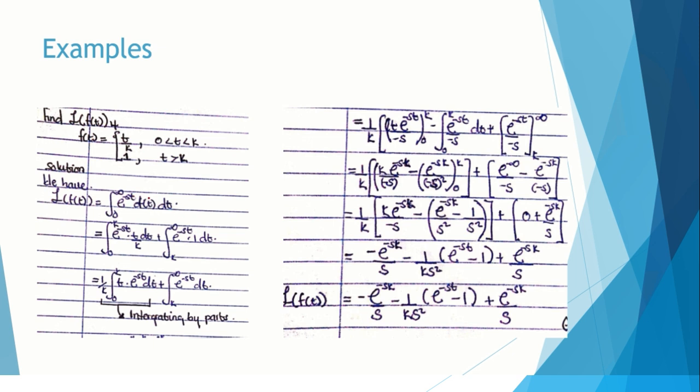So we punch in the function. We integrate from 0 up to k of e^(-st) times t over k dt, plus, because we are going to integrate from this up to this. We know the function from 0 up to k is this, and the function for t greater than k up to infinity is 1.